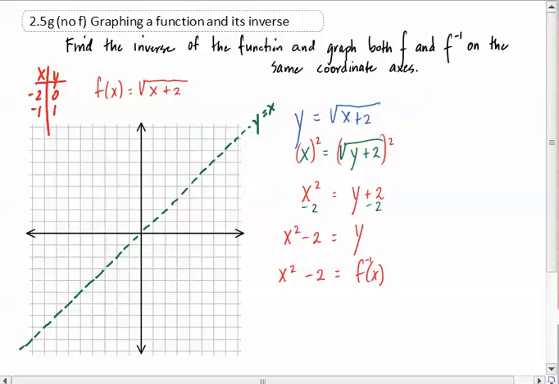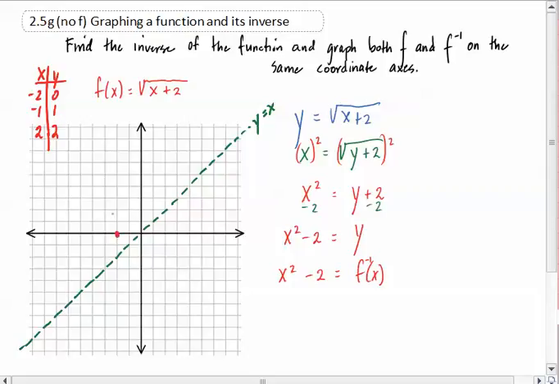Square root of 1 is 1. Now I'm going to skip 0 because if I put in a 0, I'll get an irrational number, since that under the radical is going to be a 2, and I don't want that. So I'm going to put in a nice neat 2, which is going to give me 4 under the radical, which is 2. So let me go ahead and get those points on, and we'll get that sketch.